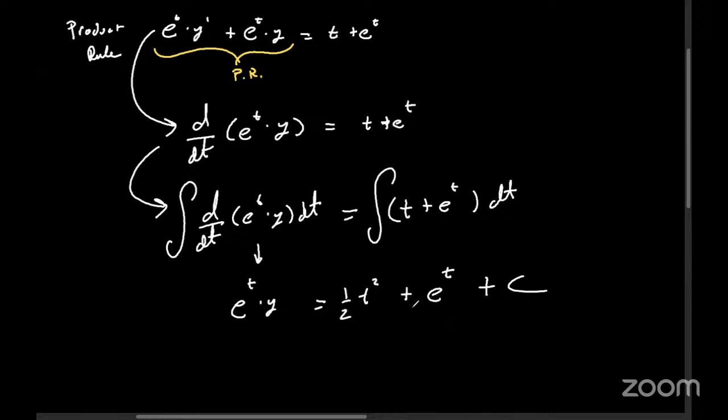All right, almost done. We have e to the t times y equals this, and we're solving for y. So y equals 1 half t squared e to the negative t. We're going to divide everybody by e to the t there. And then when we divide e to the t by e to the t, that becomes a 1 plus c e to the negative t.